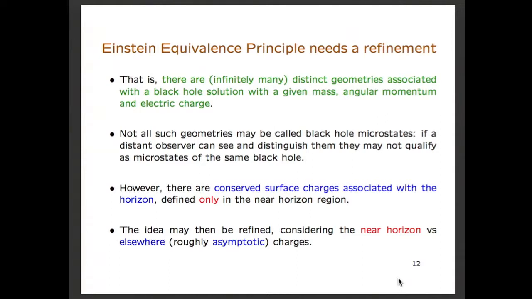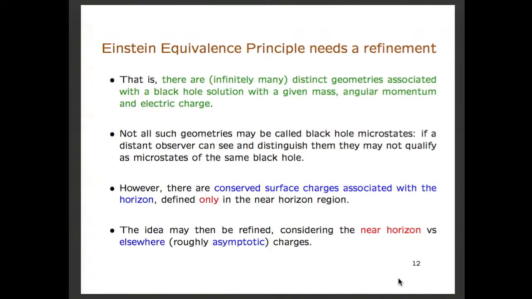And actually the simple answer to this question is coming from the fact that black holes do have a horizon, and there could be some geometries which are diffeomorphic at the near horizon level, but they are just the same when you are away from the horizon. And these are basically, I'll come into the more detailed description of them, the set of so-called near horizon soft hairs.